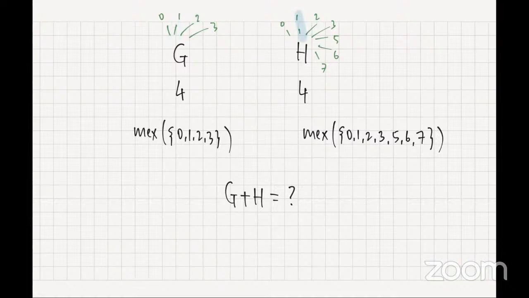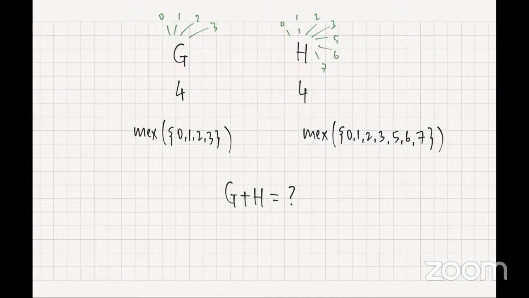Yes? So the other player controls the game in the sense that they always ensure that after the current player moves and the opponent moves, the resulting game is still the sum of two games that have the exact same value, right? So that's something you can do if the first player makes a move that's smaller than 4.